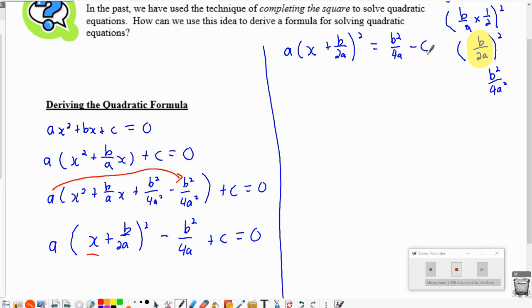And while they're there, I'll get a common denominator. I'll get them together into 1. So this is b squared over 4a. I'll picture the c as over 1. So that becomes 4a times c is 4ac over 4a.